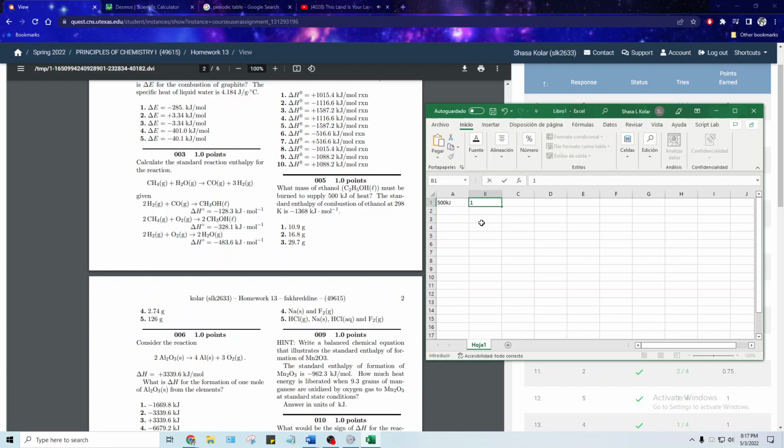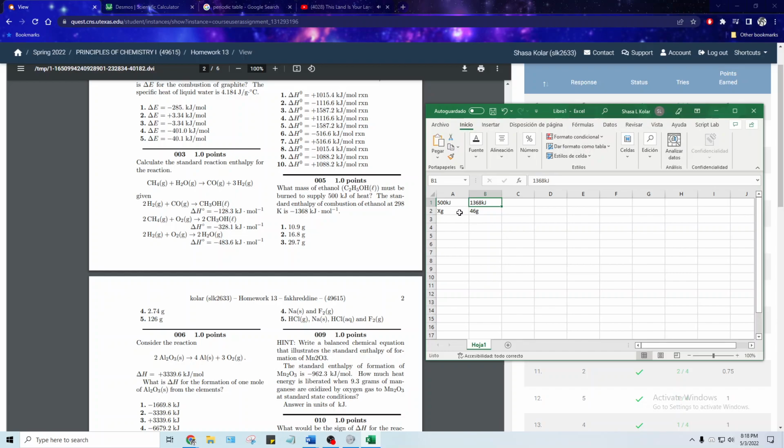This is how much we are getting currently, kJ, with our 46 grams. How many grams? So X grams. So then what you'll do in this equation is you will divide. So this is swapped with this. So then 500 is divided by that, and then you multiply it by 46. So, yeah.